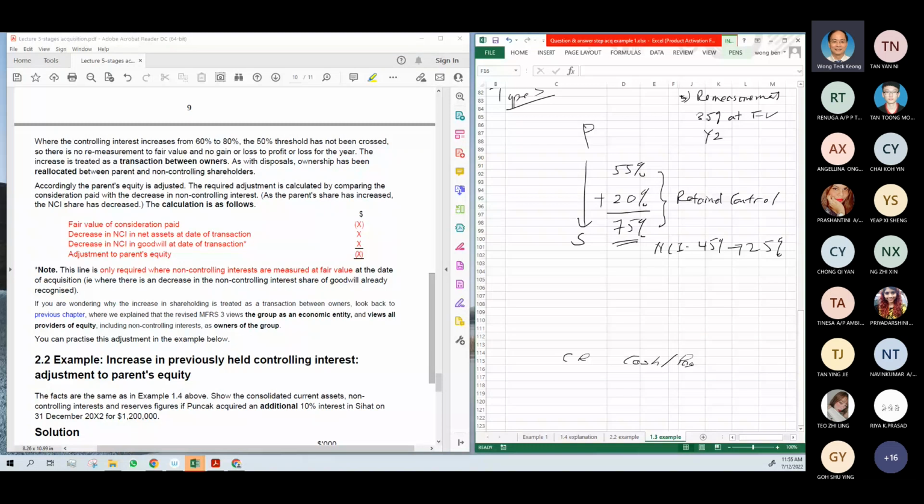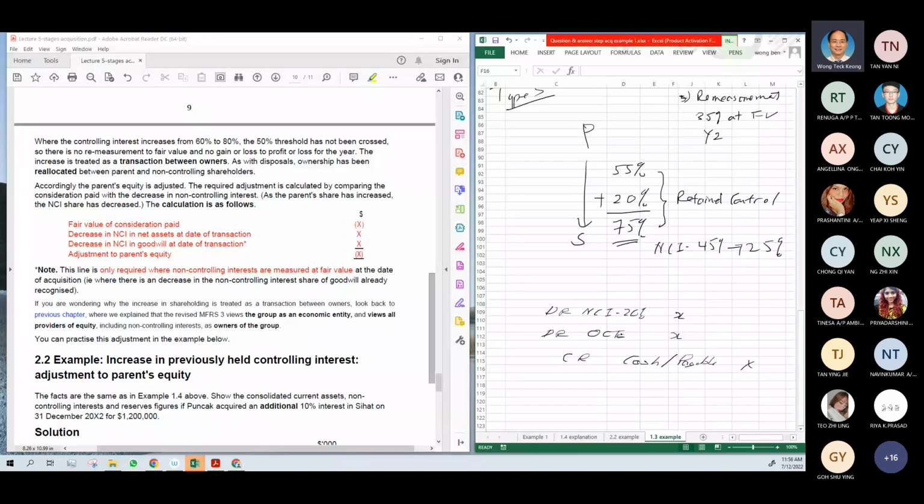When you buy an increase of 20%, the NCI will go down. NCI has a credit balance, so you debit NCI for the 20% of NCI. The difference goes to other comprehensive equity, not to P&L. This is the accounting entry.